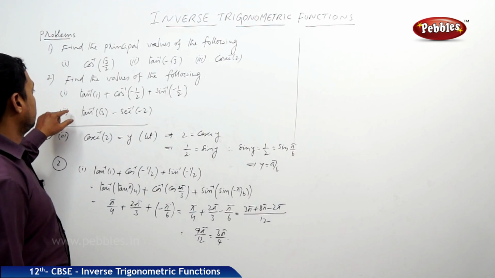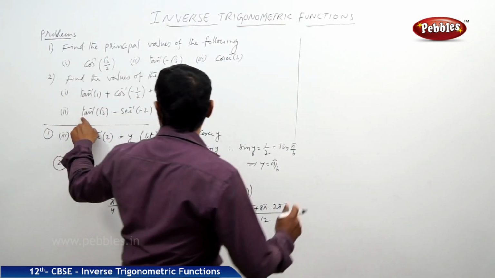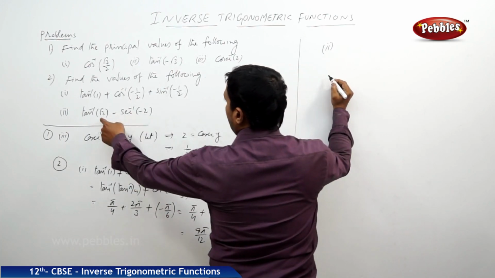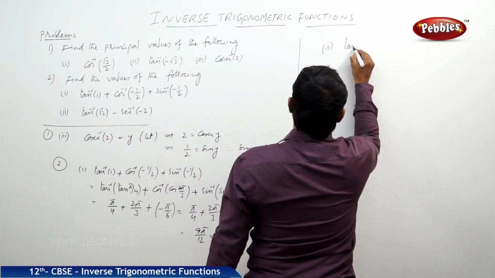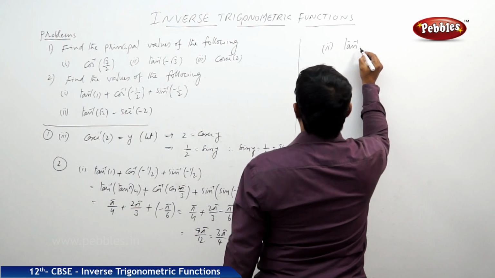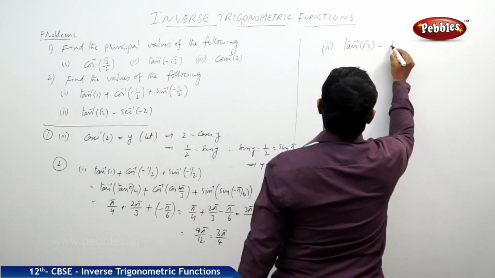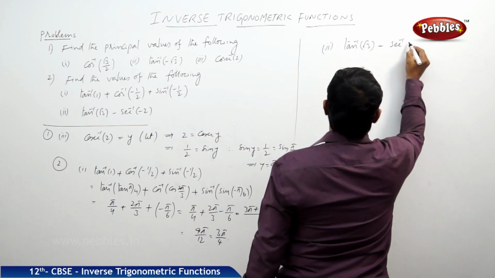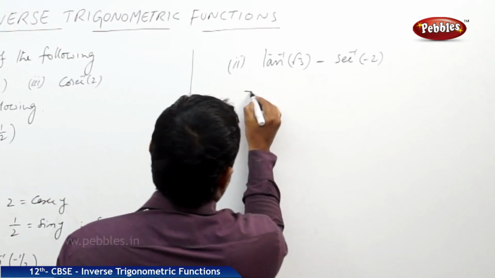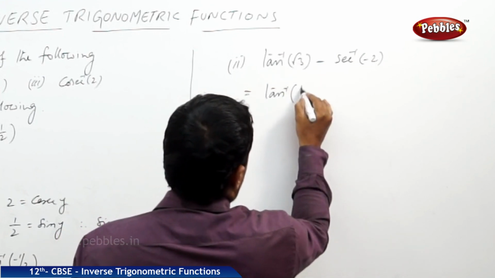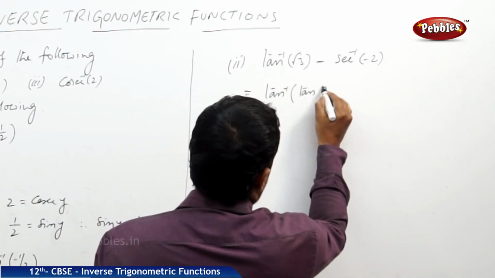Now there is one more problem here, that is, find the value of tan inverse root 3 minus secant inverse minus 2. Tan inverse of root 3 is equal to tan pi by 3.